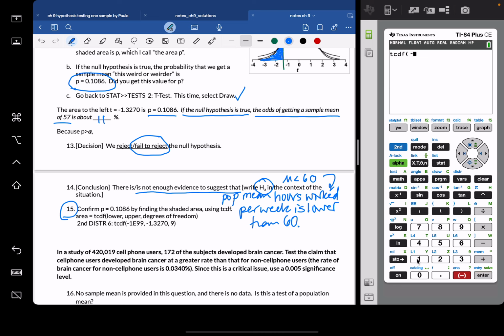Lower is -1E99, comma, -1.3270. And then we just have to give the degrees of freedom, close parentheses. And that is our area P. So we did confirm that that equals 0.1086 if you round it.